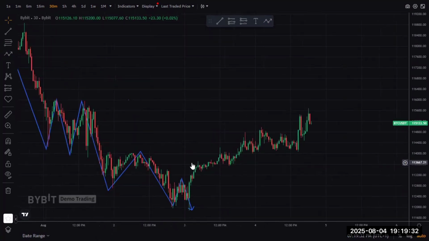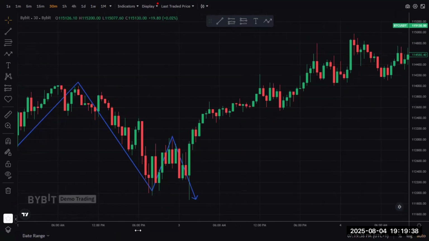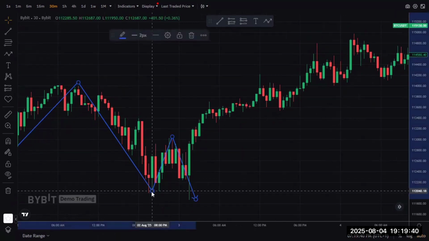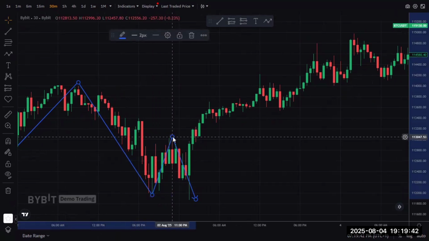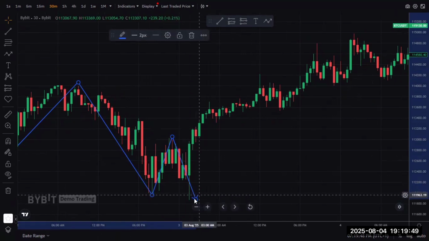When you draw that, I am going to enlarge it here for us to see. Price got down to this particular low here and then pushed up, then got down to another lower point that is lower than this.